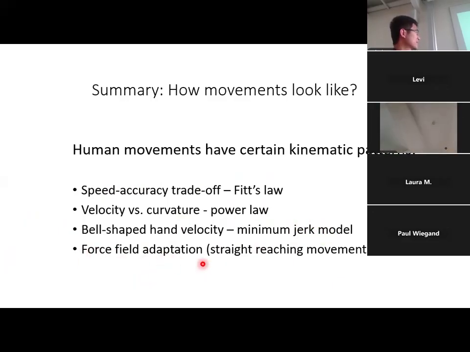And with force adaptation, we see that after adaptation, participants always tend to reach in a straight line. So this gives you a rough idea that we do not produce arbitrary movement, but there's some kind of regularity when we make these straight movements.